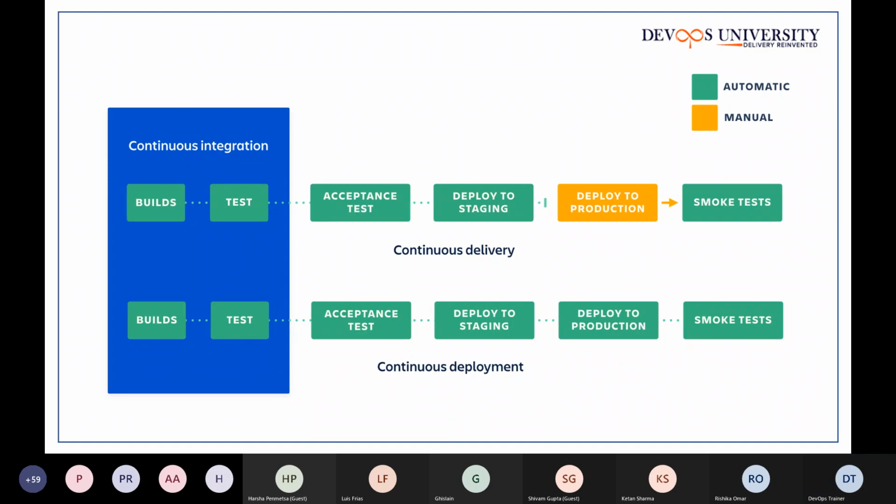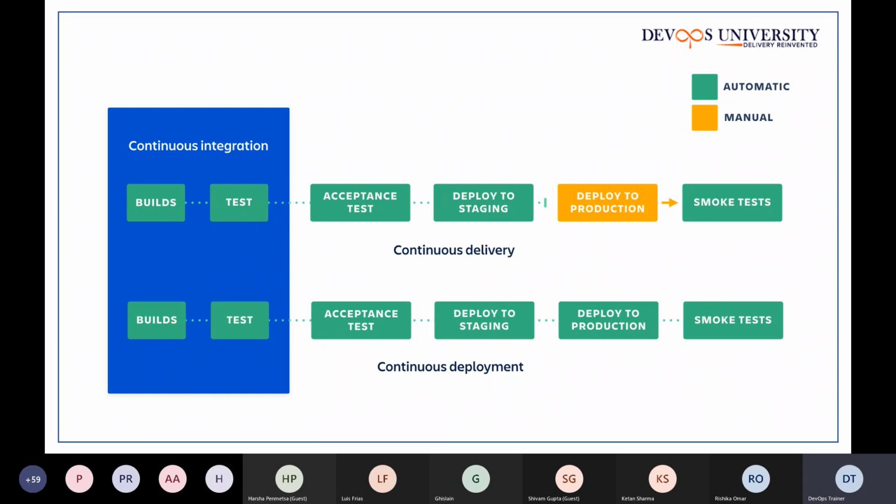Now, when we talk about all these processes like continuous integration and continuous deployment, we collectively call it a CI/CD pipeline. But we also have a terminology called continuous delivery here.